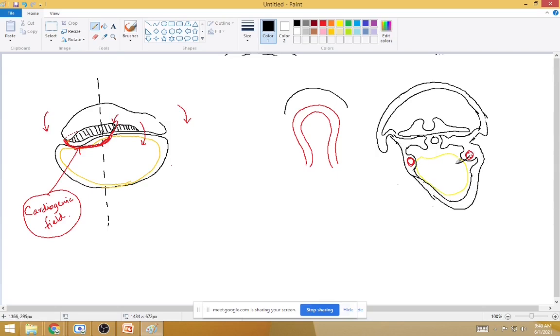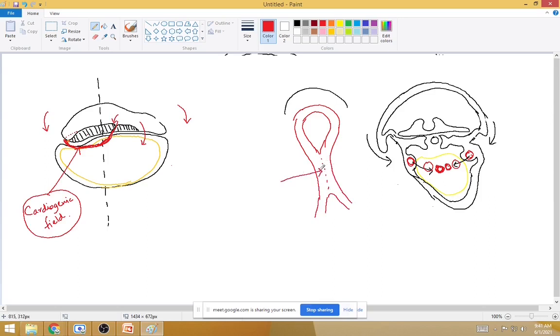Now these two tubes, due to this lateral folding, will come together, so that now they lie nearer to each other. If you see here, these two tubes will come together, and at a certain area, they will get fused.